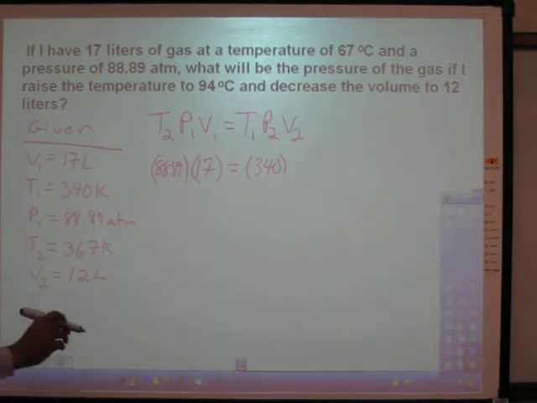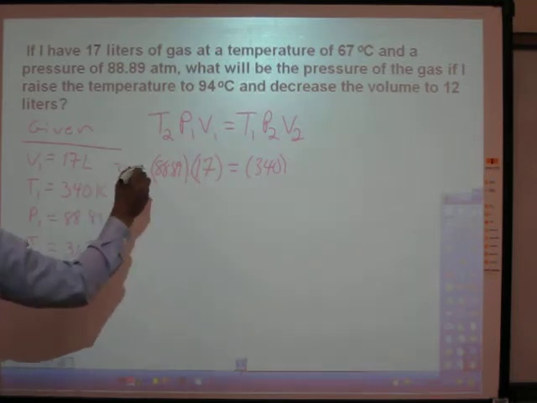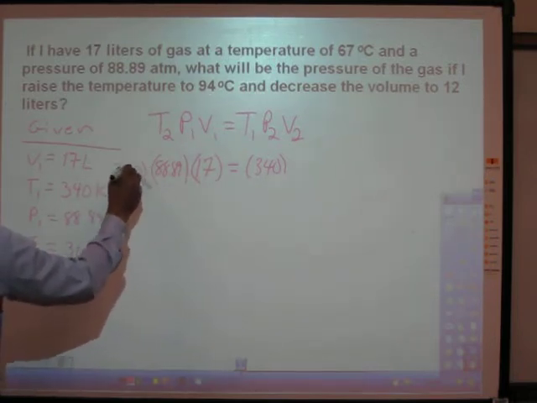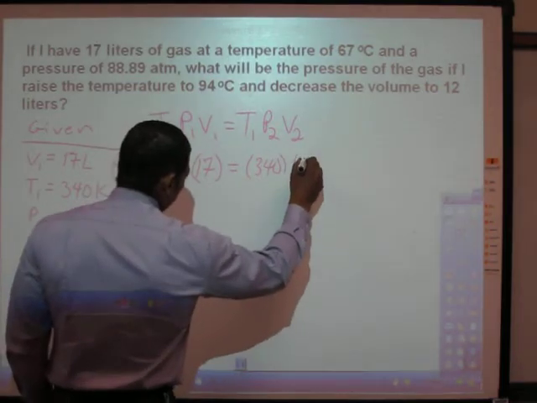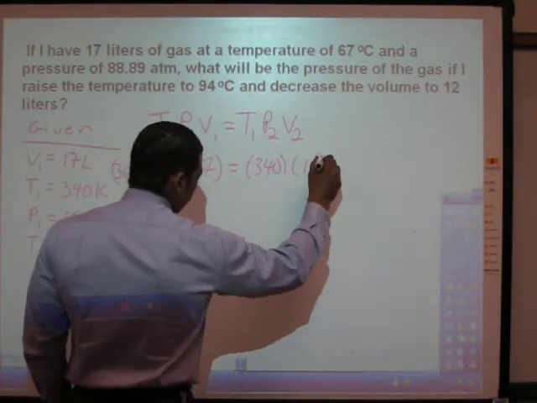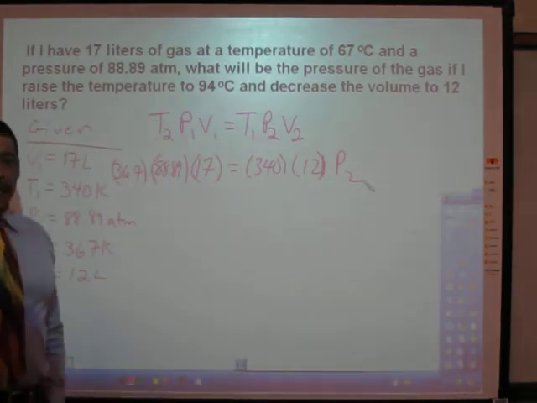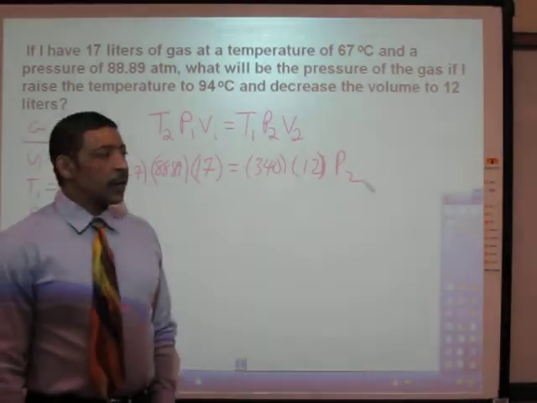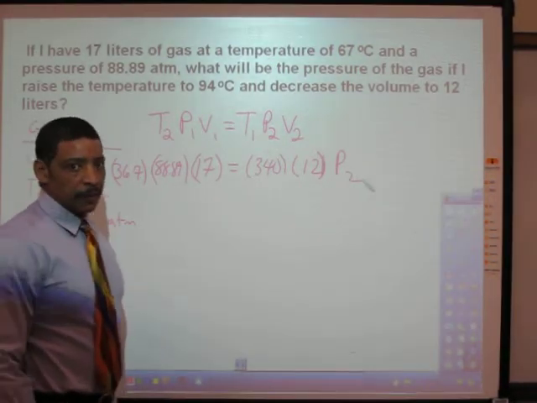My T2 is 367 K. And my V2 is 12 liters. And of course, P2 is my unknown.